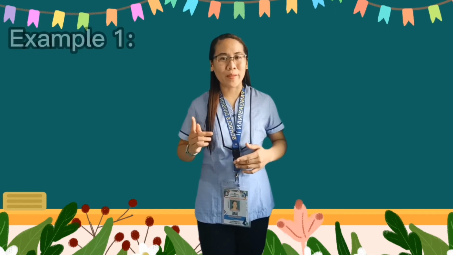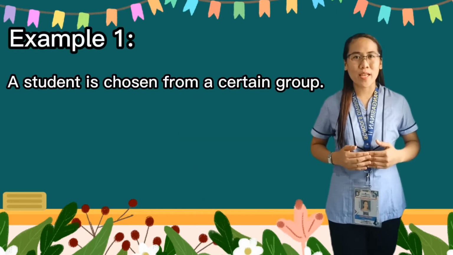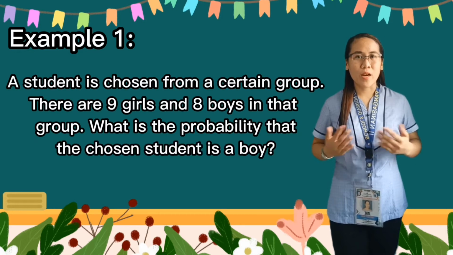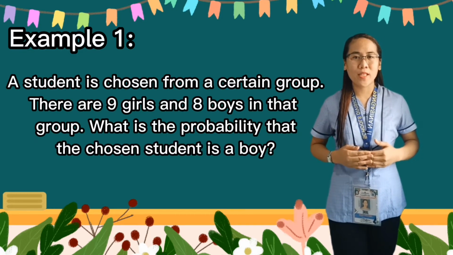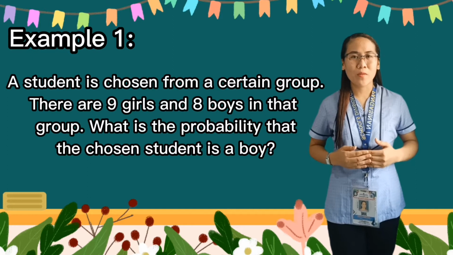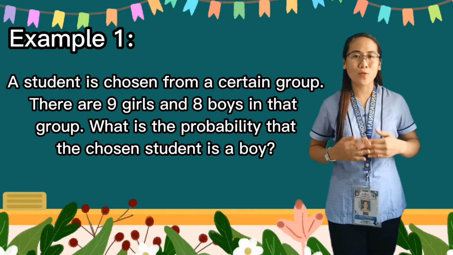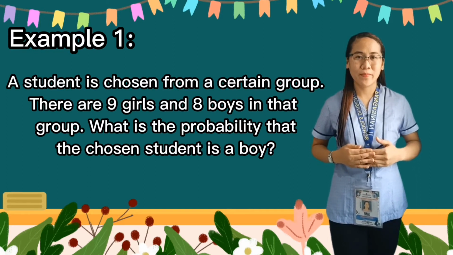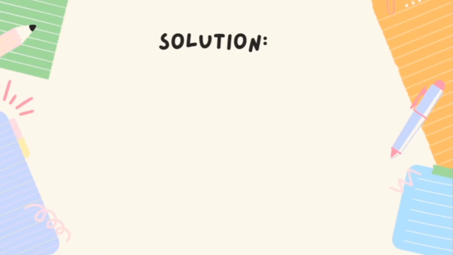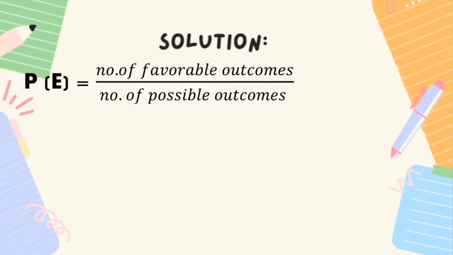So, let us find out the probability of an event to happen through example number 1. A student is chosen from a certain group. There are 9 girls and 8 boys in that group. What is the probability that the chosen student is a boy? In this problem, we can use the formula in finding the probability of simple events, which is probability of event is equal to the number of favorable outcomes over the number of possible outcomes.